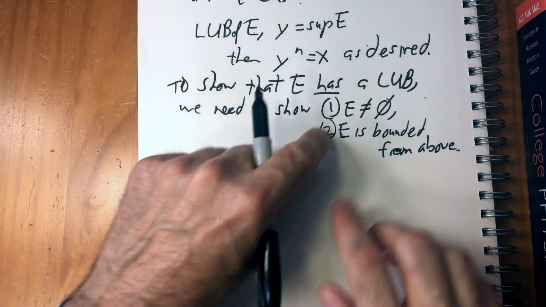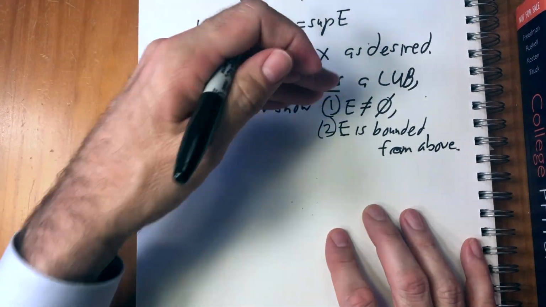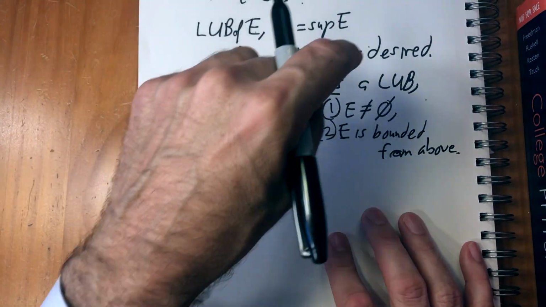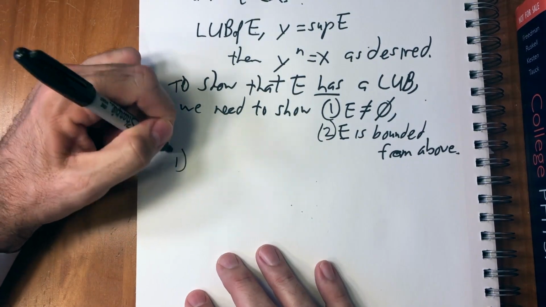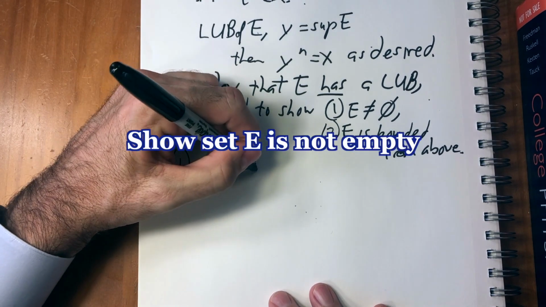Okay, these are the requirements. If a set is not empty and is bounded from above, then in the real numbers it will have a least upper bound. So first, we have to show that E is not empty.